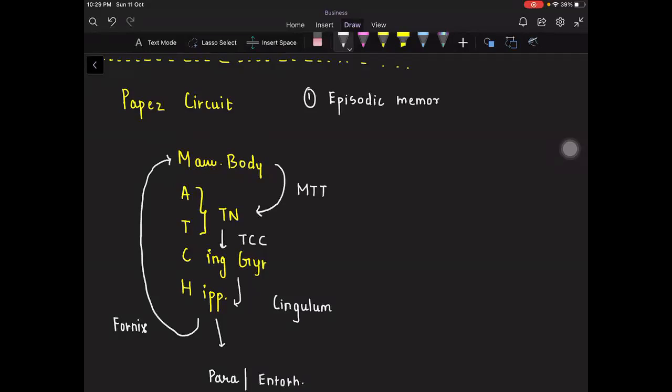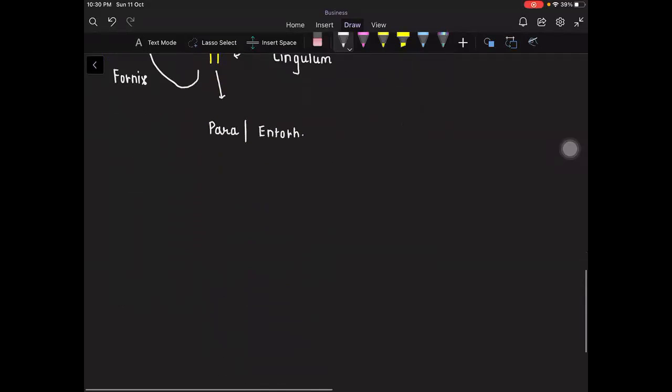The episodic memory and space mapping. All right. Any doubts so far?